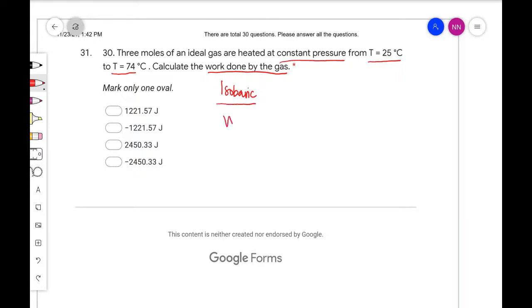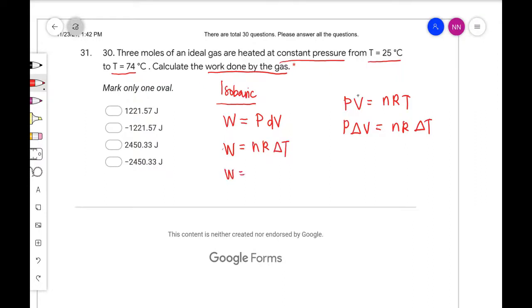So work done for an isobaric process is given by W equals P dV. Okay, so for an ideal gas, PV equals nRT. So P delta V will be equal to nR delta T. So you can substitute W equals nR delta T, where delta T is T final minus T initial, T2 minus T1.